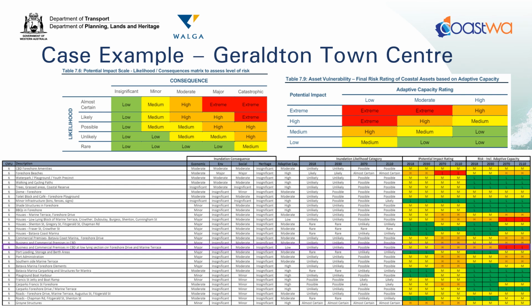So just to take you through an example of that, if we're considering 2018, we're looking at a major consequence, and we're looking at unlikely. Therefore, we end up with a medium potential impact rating, they've called it here, which is medium.